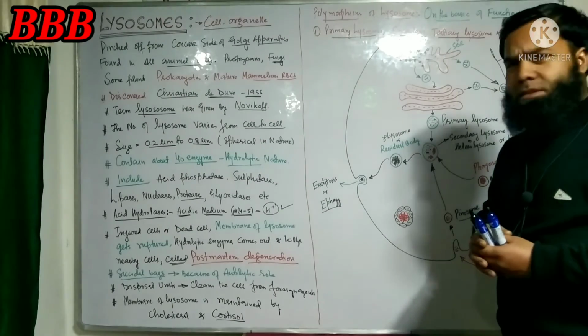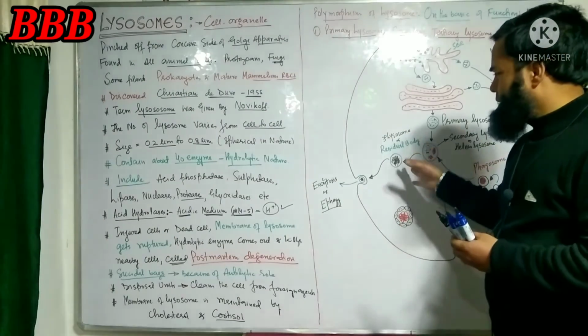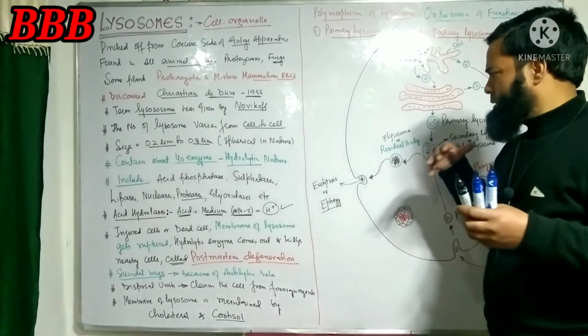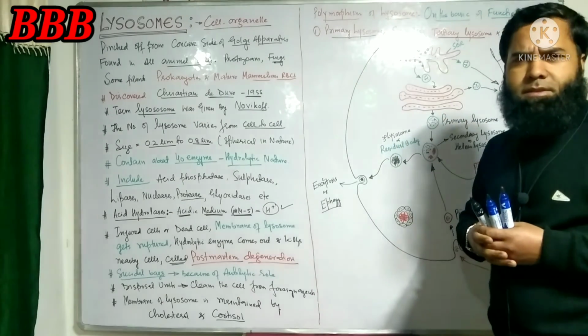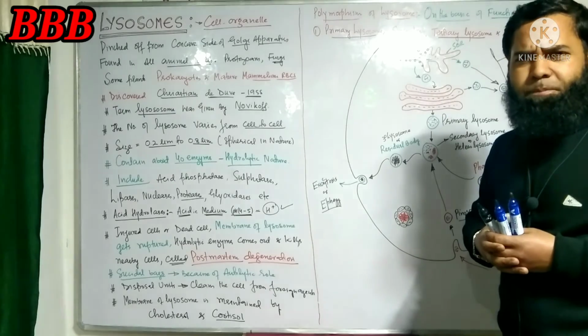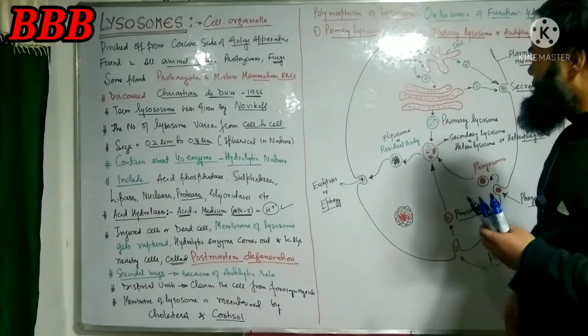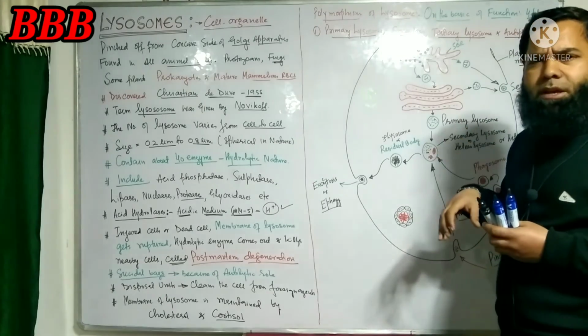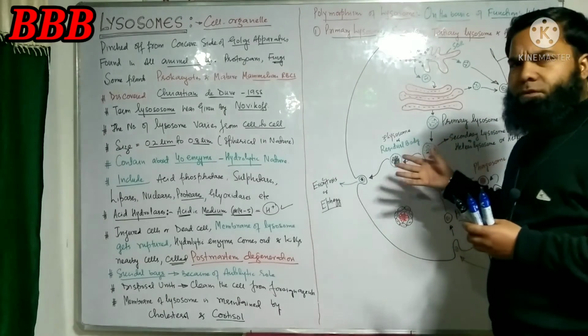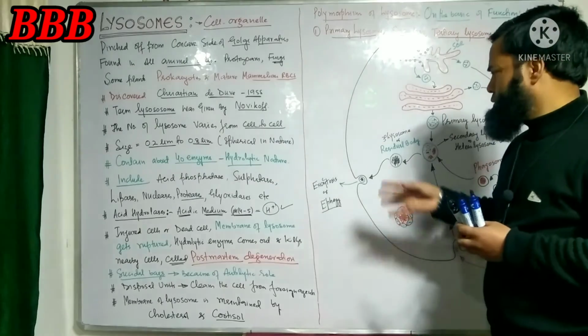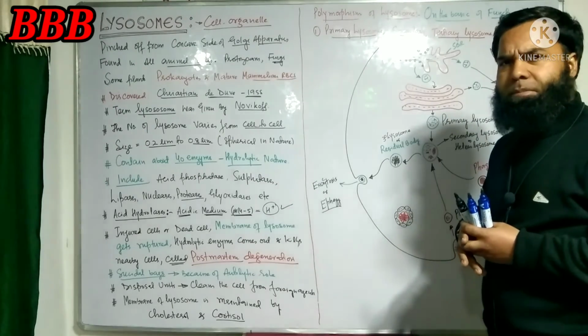But there are certain cases when the residual body doesn't go outside of the cell, for many reasons. The first and prime reason is a lack of certain hydrolytic enzymes inside the cell, so the residual material remains inside the cell.